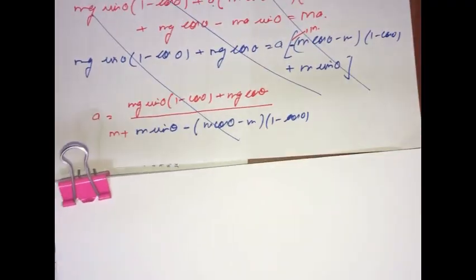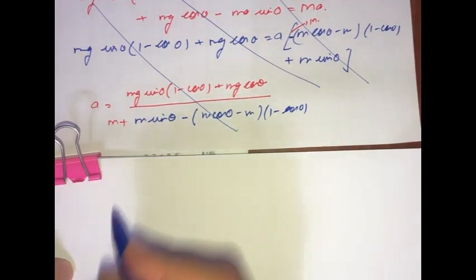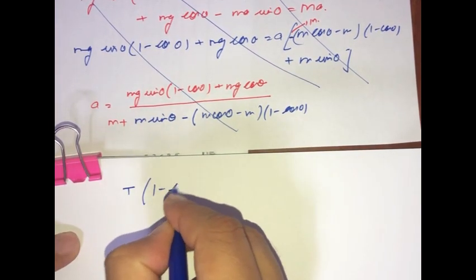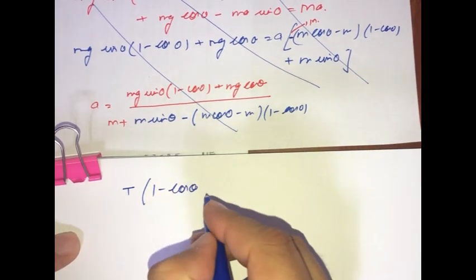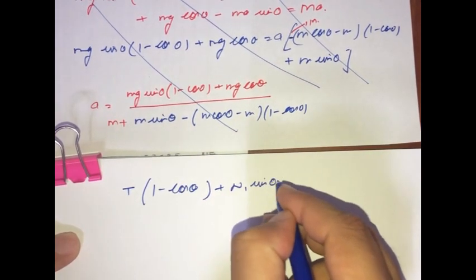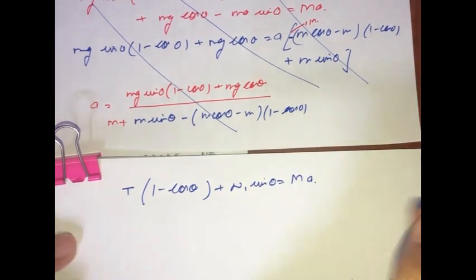So we have the equation which states that T times 1 minus cos theta plus N1 sin theta is equal to ma.